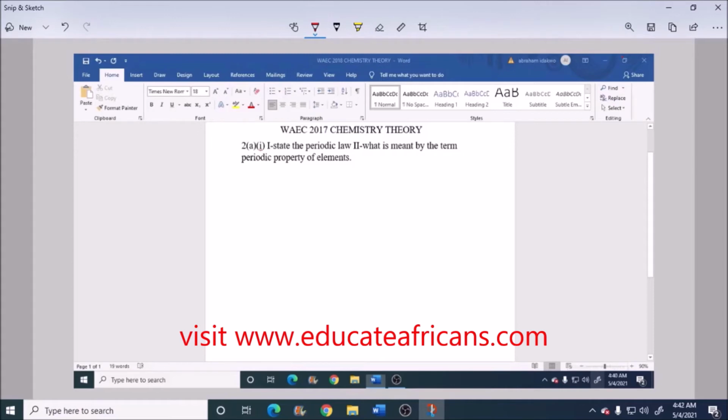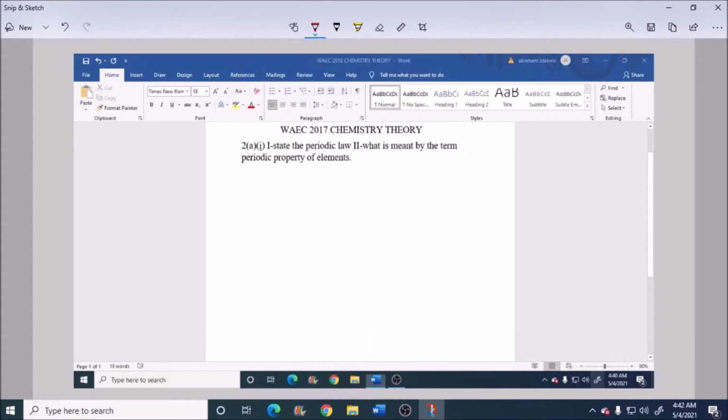So for 2a Roman figure 1, we have to state the periodic law.